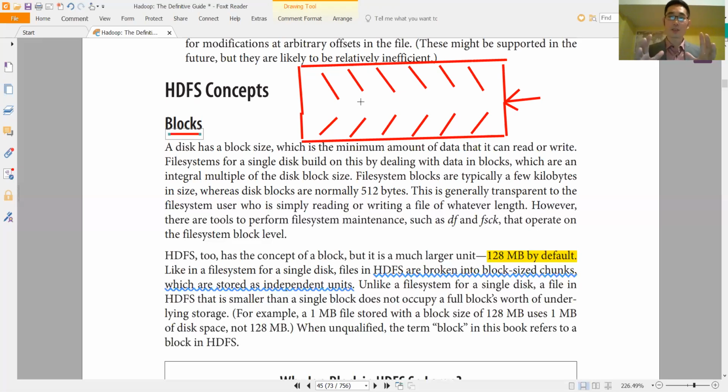A disk is just one whole piece, and you can imagine it has a total storage capacity, which we measure in terabytes or megabytes. Like my PC, my hard disk has 1 terabyte of disk space. That matches the whole parking lot space, as you see here. My whole parking lot is 1 terabyte.